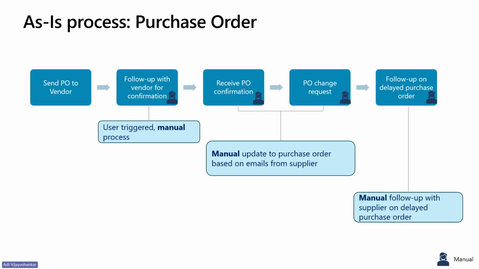The procurement personnel also spend time following up with the supplier on delayed purchase orders. As you can see from the problem statement, there are too many manual interventions, manual follow-ups, and manual updates that happen in this entire purchase order cycle.